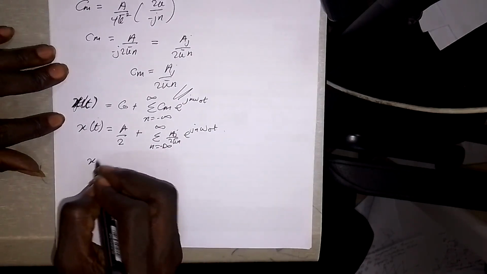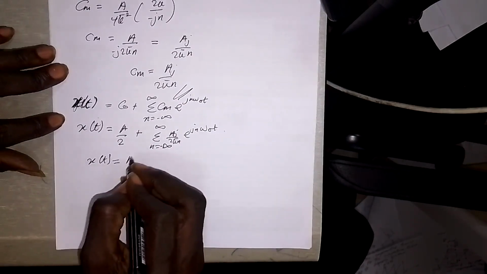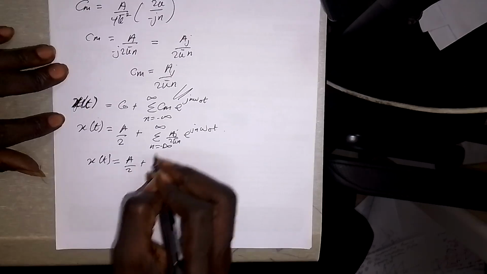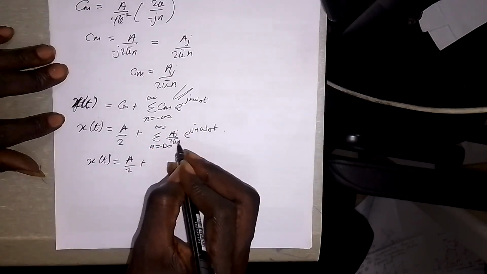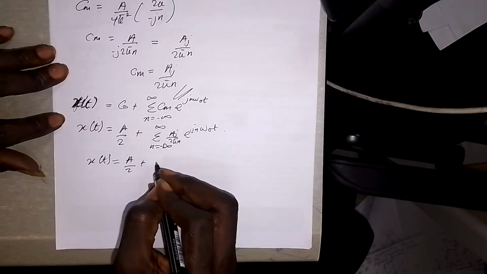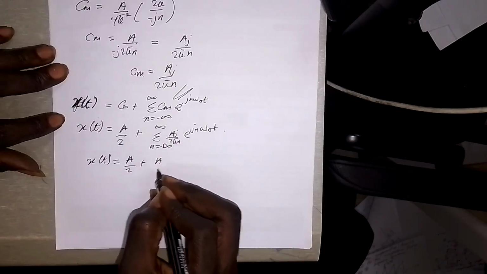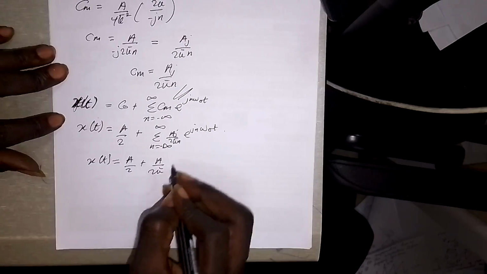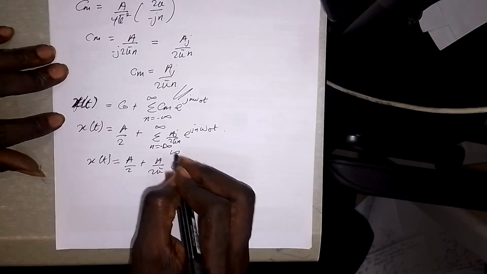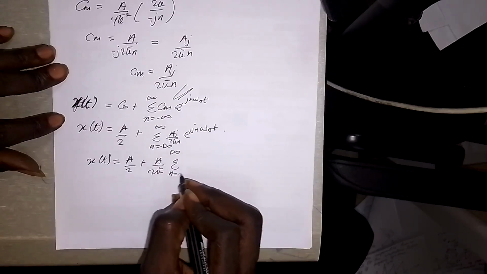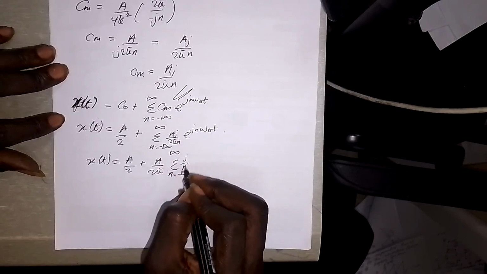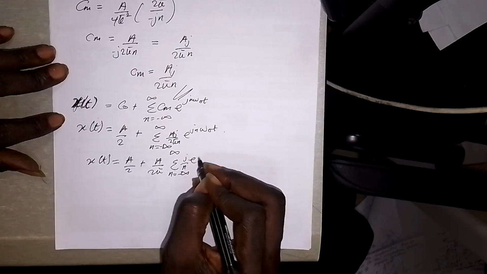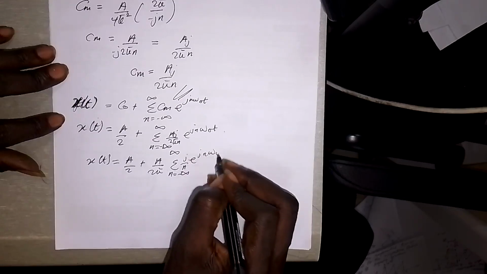So what I can say is that x of t is equals to a over 2 plus a, and then 2 pi can come out. So a over 2 pi can come out, and then I can have my summation like this, n equals to minus infinity to infinity, j over n into e to the jn omega naught t.